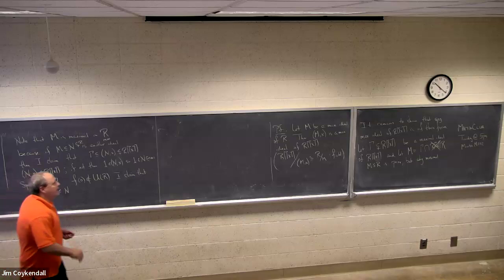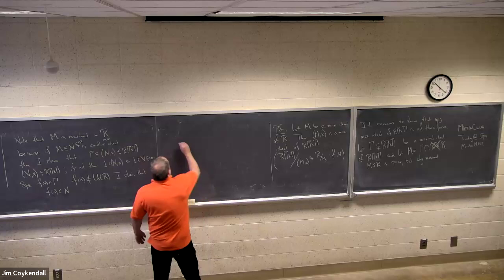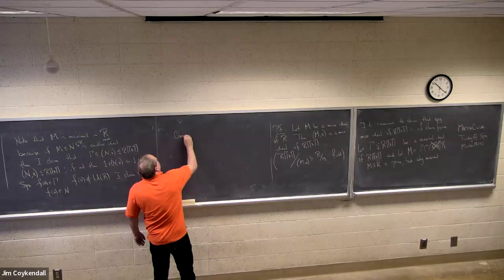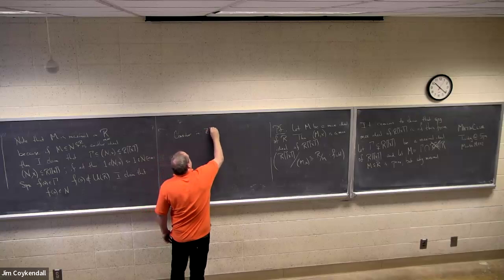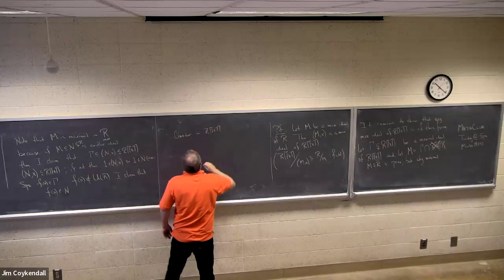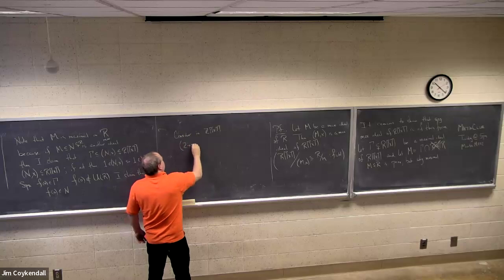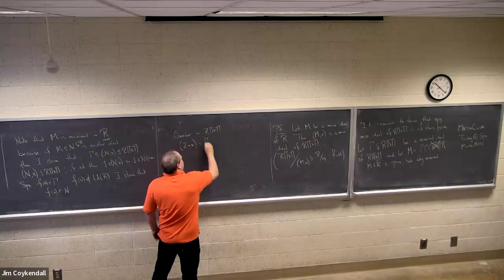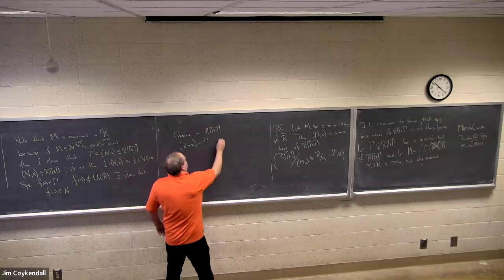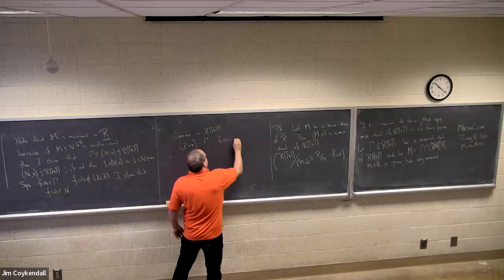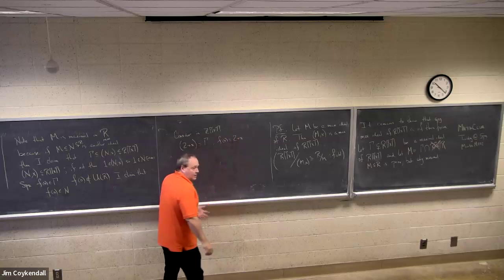So let me give you an example. So consider the ideal generated by 2 plus x. Let's say that's Γ. And we'll say that f(x) is our generating polynomial 2 plus x.